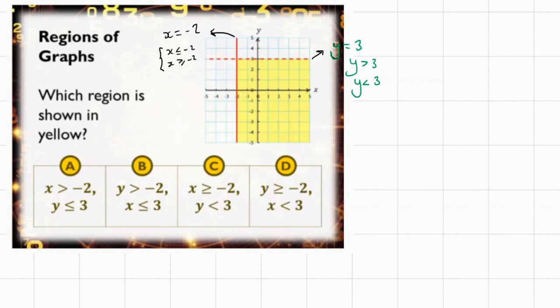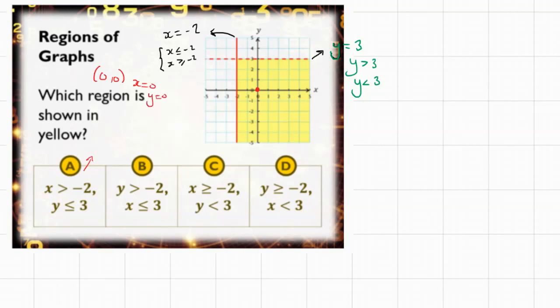Let's just pick a coordinate within our region. I always say if you can pick 0, 0, pick 0, 0. So let's test them in this one here. In A, we are saying that x is greater than minus 2. From our coordinate that we're testing, we know that x is 0 and y is 0.